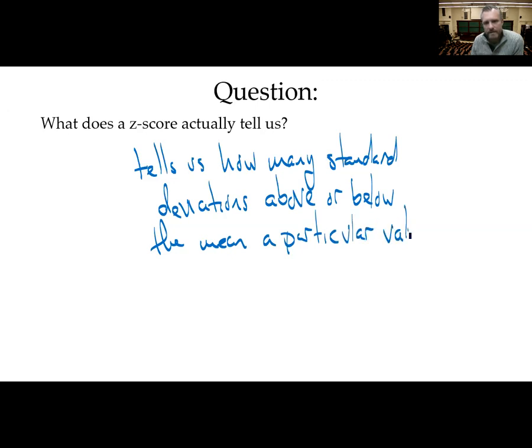That's what it tells us. If z is positive, then the value is above the mean. If z is negative, the value is below the mean.